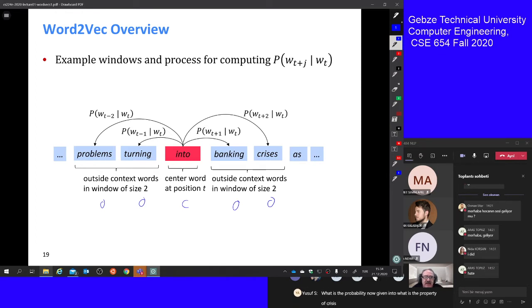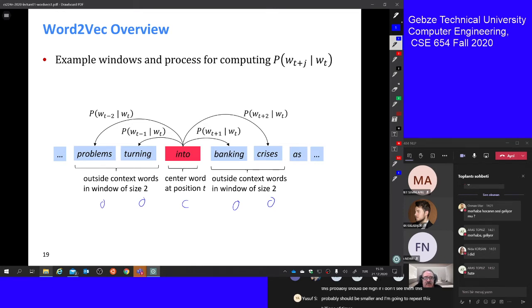So it looks like if I am seeing these words together a lot, this probability should be high. If I don't see them, this probability should be smaller. And I'm going to repeat this billions of times.